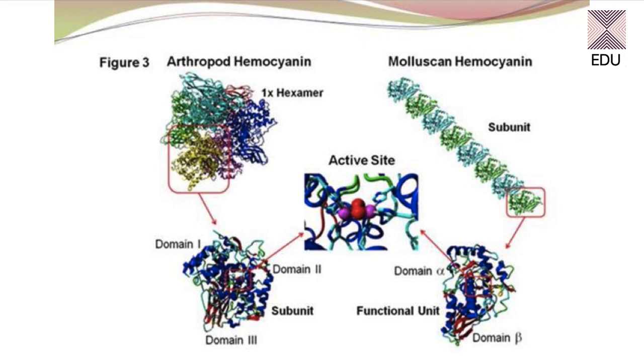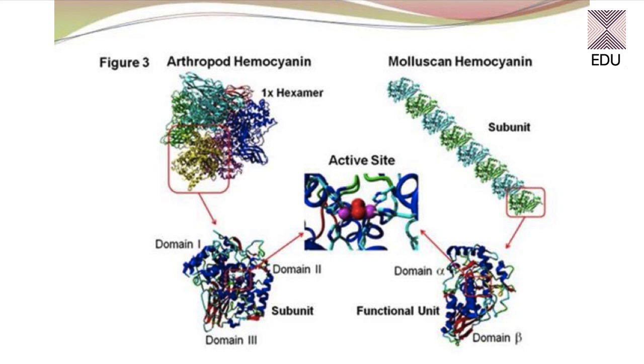What is the difference? The arthropod hemocyanin has three domains. It has been written in the diagram: domain 1, domain 2 and domain 3. Whereas the molluscan hemocyanin has two domains, alpha domain and beta domain.